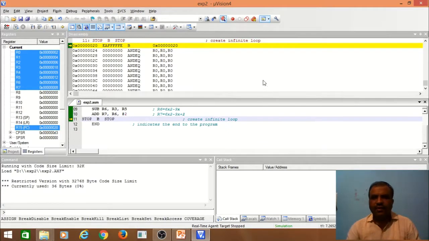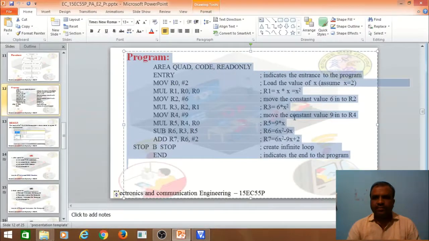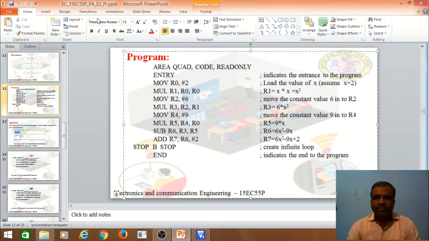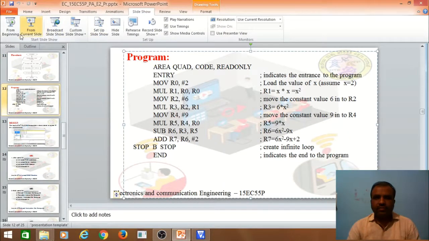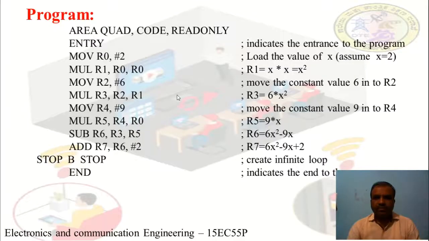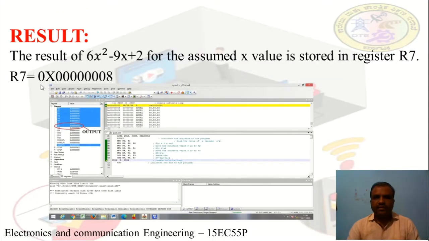This is how you can write the program and execute that program in Keil software. So you can see the result in R7, that is 8 for the given x is equal to 2.